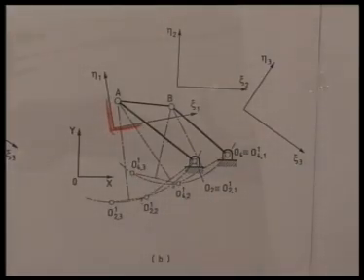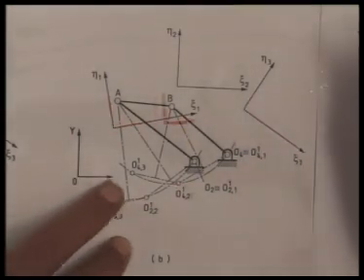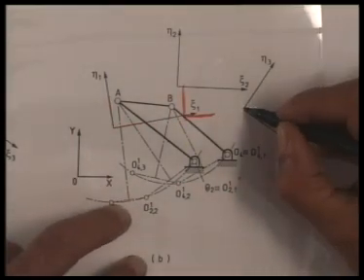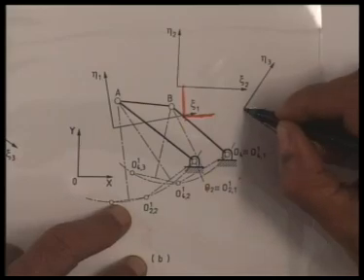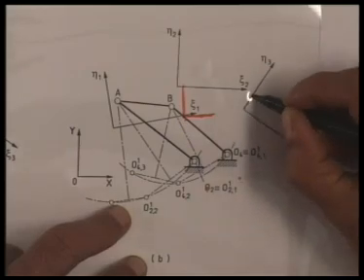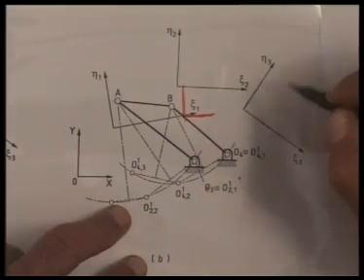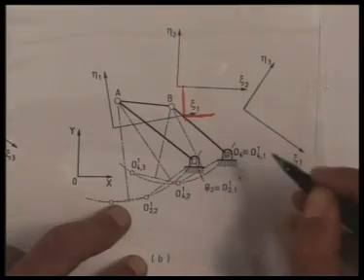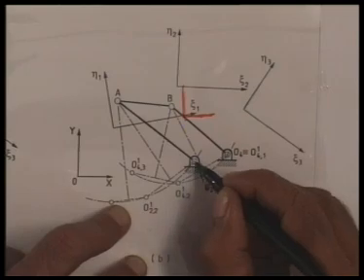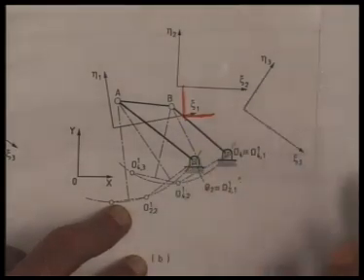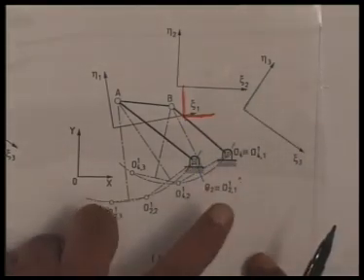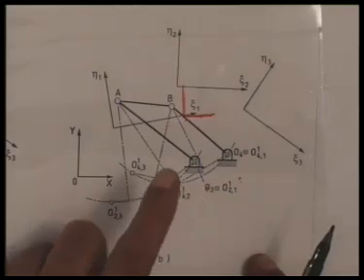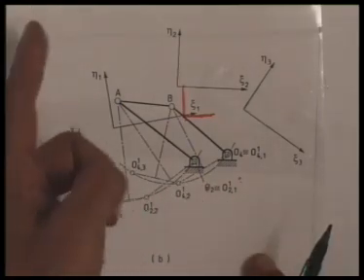For the third position, we draw on the same tracing paper eta 3 zeta 3 and mark this O4 and O2. Now the same relative position between the coupler and the fixed link is maintained, but the coupler is fixed in its first position.